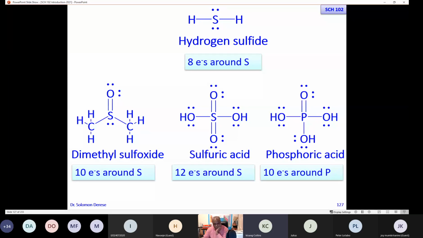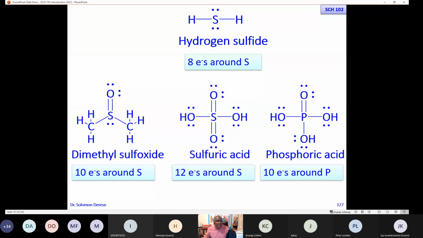So we can have an expanded octet. We can have more than 8 electrons when elements in group 3 of the periodic table and further, in group 4, in group 5, elements in period 3, period 4, period 5, period 6, period 7, etc., form chemical bonds with other elements.